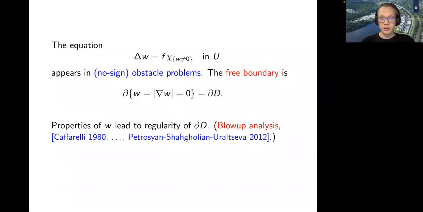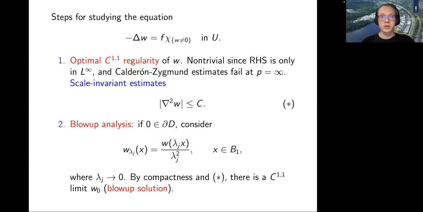So in the last couple of minutes, let me try to give you a quick idea how one proves this free boundary regularity by using these methods. You want to know as much about the solution W as possible.